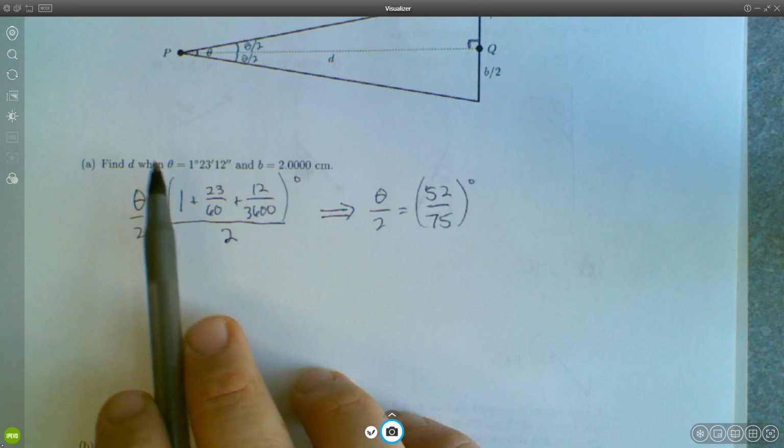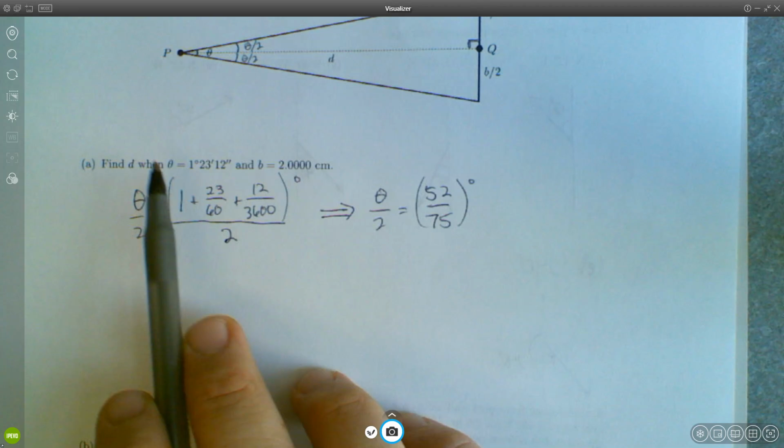Now I can say tangent of theta over 2 equals b over 2. If b is 2, then b over 2 is 1, so that equals 1 over d. Then I can solve for d. Tangent of theta over 2 is tangent of 52 over 75, which equals b over 2 divided by d.